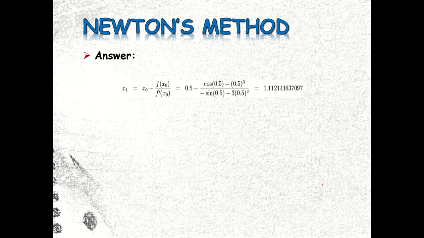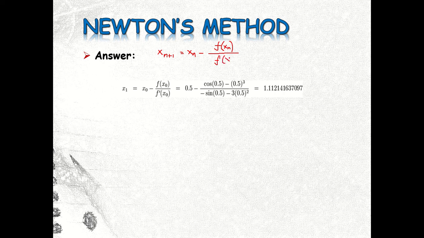So from the Newton's method formula, we have x sub n plus 1 equal to x sub n minus f of x sub n divided by f prime of x sub n.